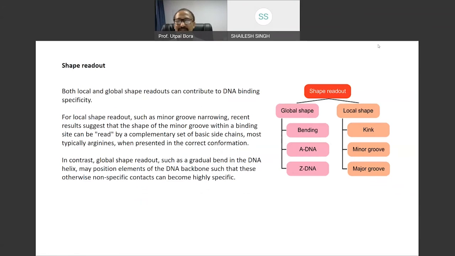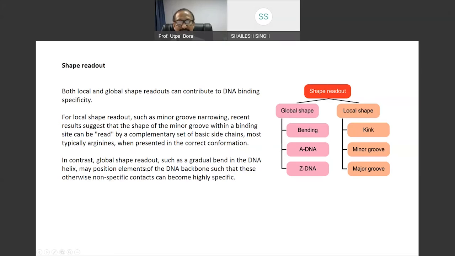Now let us move to the other type of specificity, which occurs due to shape readout. As I already told you, both global and local readouts can contribute to DNA binding specificity. For local shape readout, such as minor groove narrowing, results suggest that the shape of the minor groove within a binding site can be read by a complementary set of basic side chains, most typically arginines, when presented in the correct conformation.